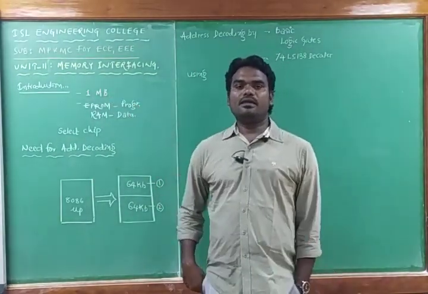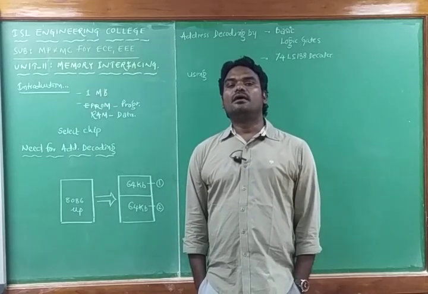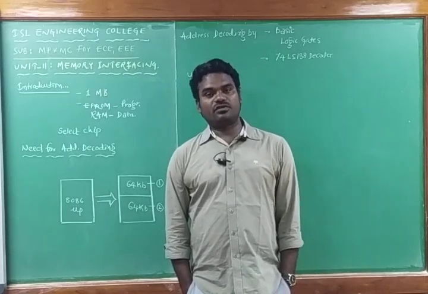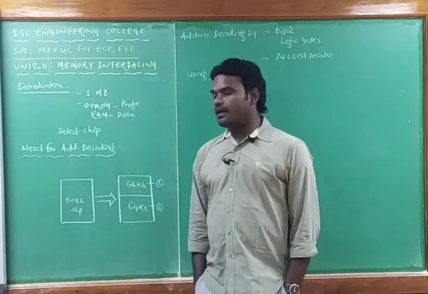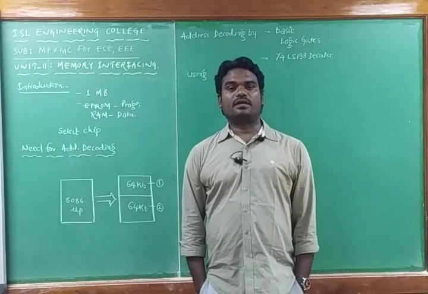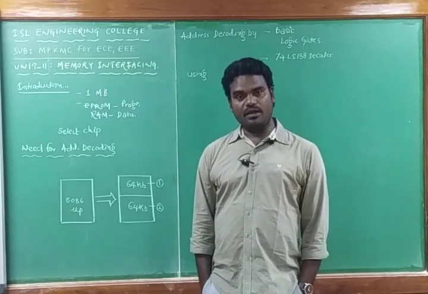That memory is a semiconductor memory. In semiconductor memory, we can have two types of memories: one is RAM, another one is ROM. RAM stands for random access memory, ROM stands for read-only memory.